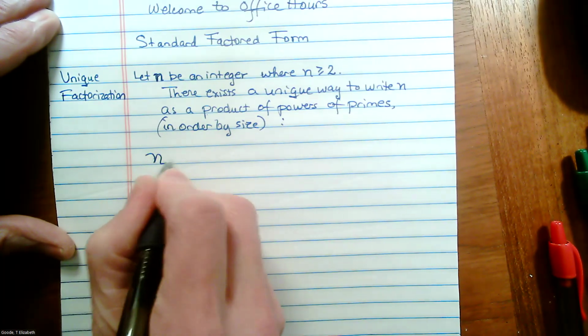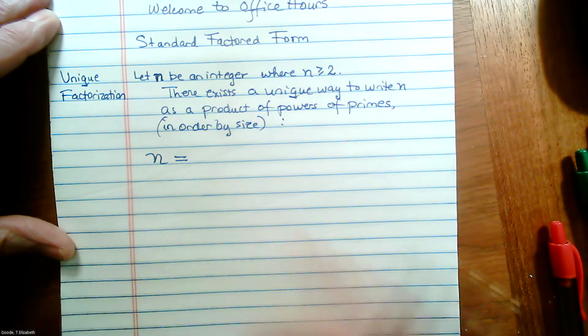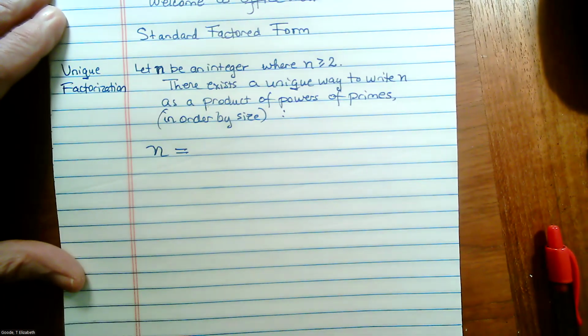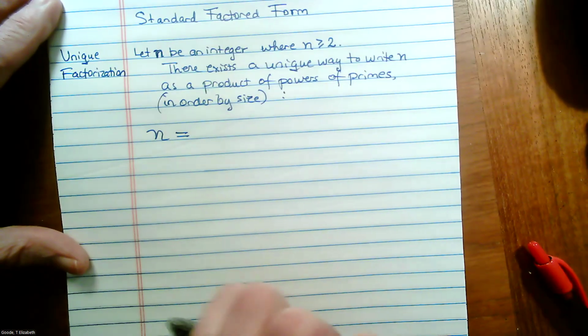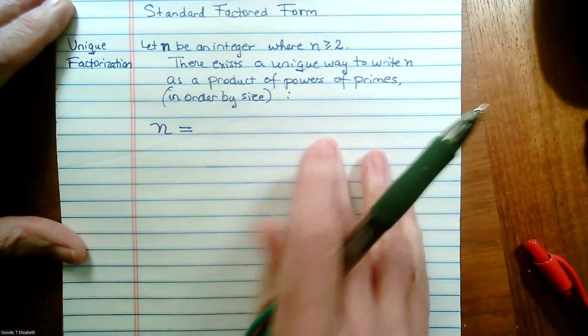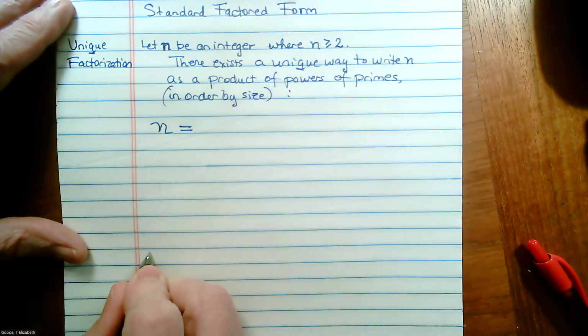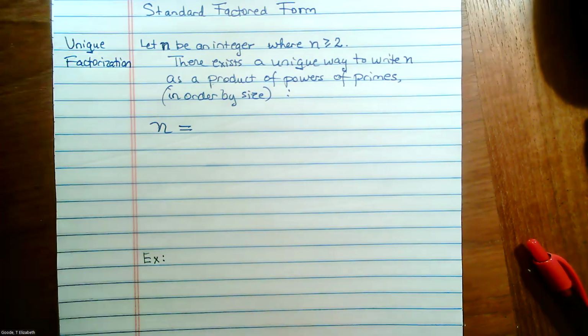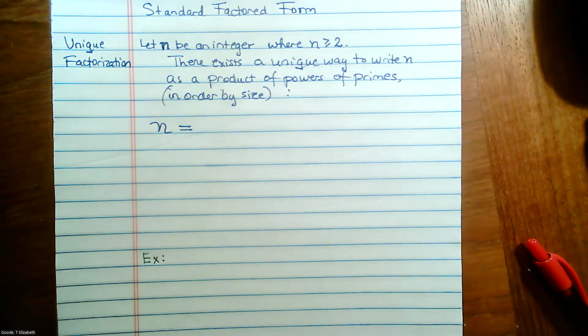So n, okay, we can do a running example at the same time. While I write the theory, we're going to do a little example. I need my calculator. Hang on.